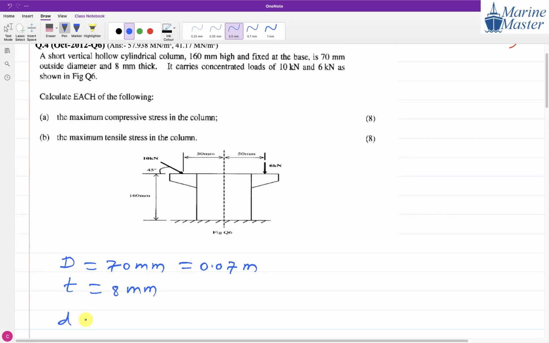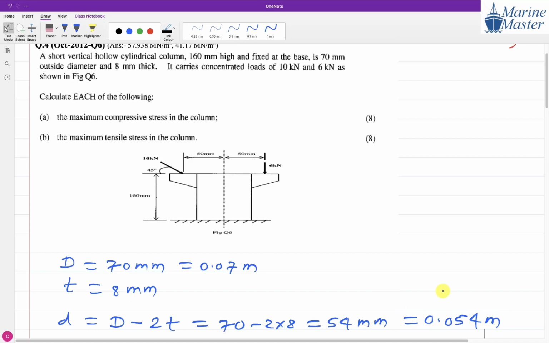So small d will be capital D minus 2T. Remember, 2T, otherwise in a hurry you will make a mistake. So 70 minus 2 into 8 is 54 mm, so it will become 0.054 meter. So we got it.